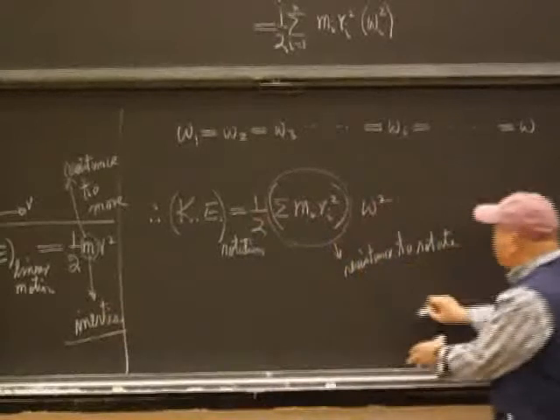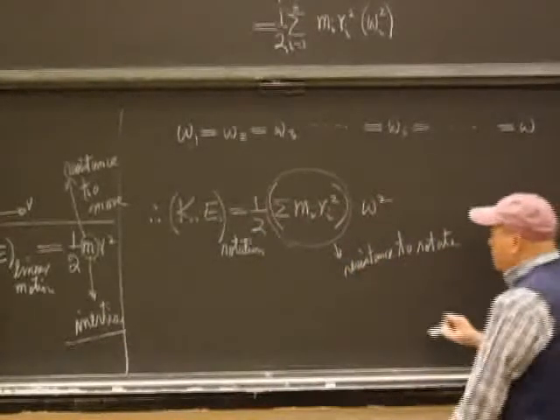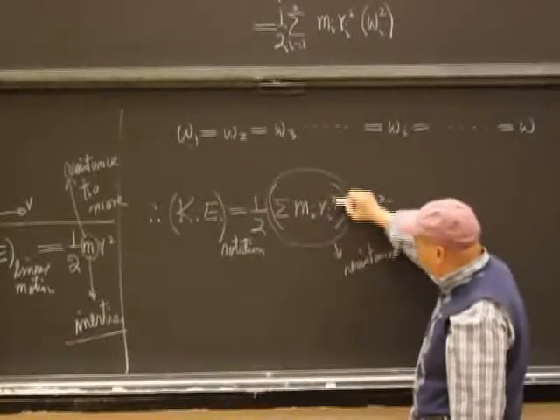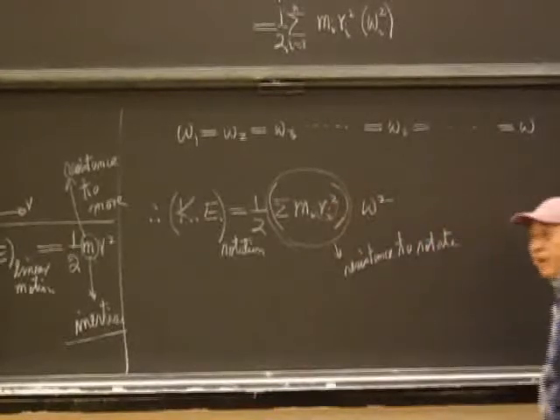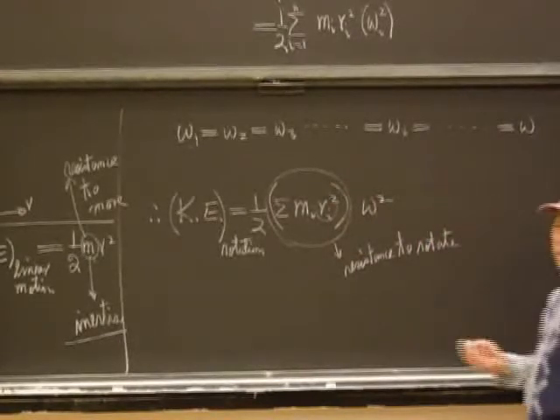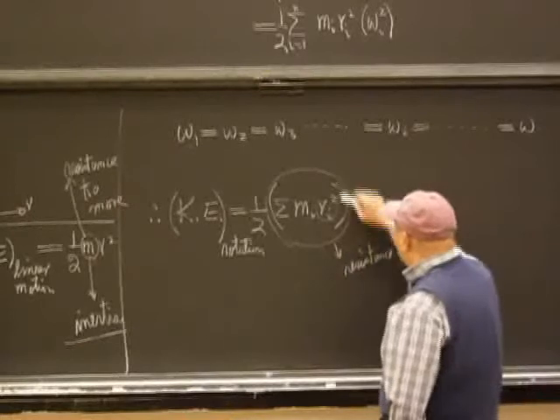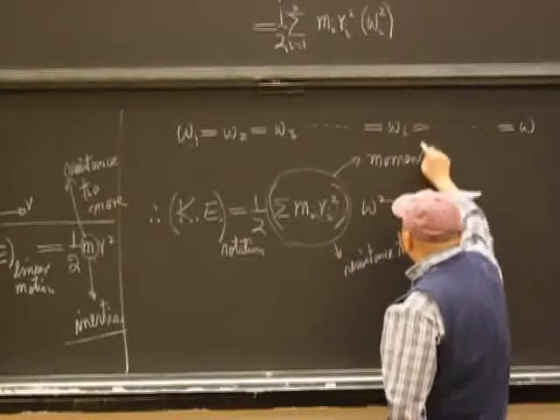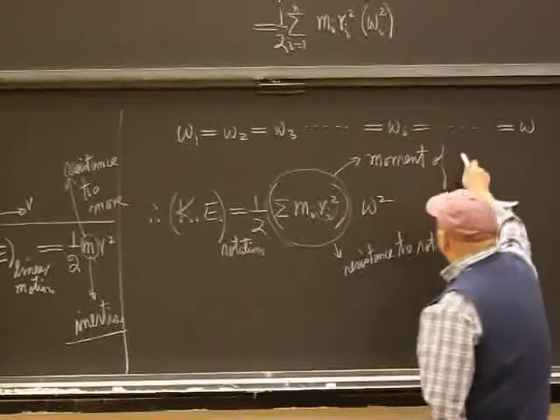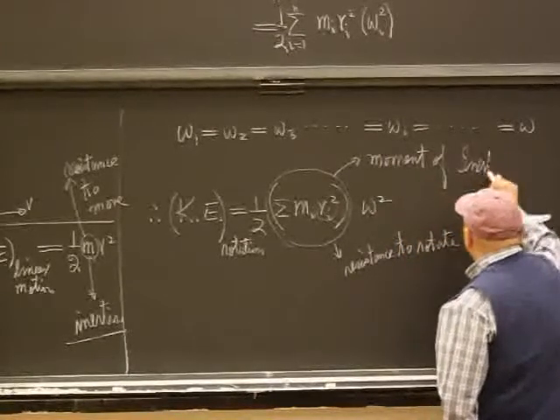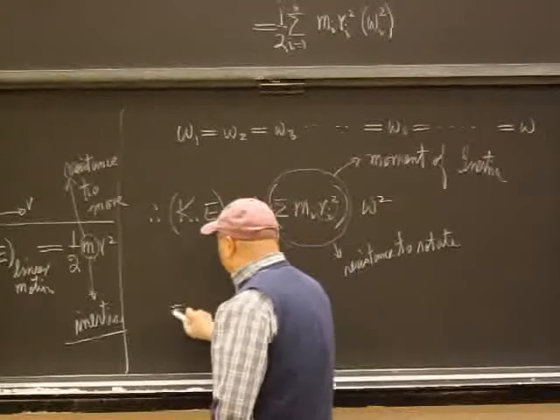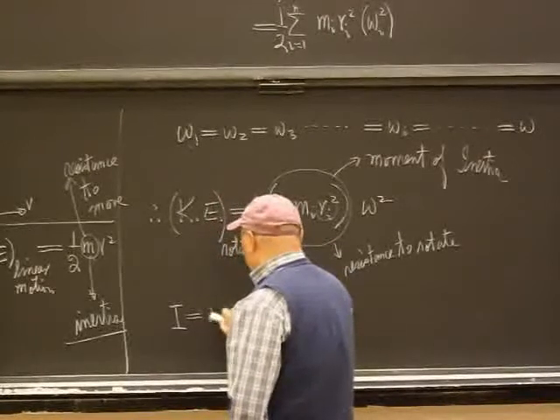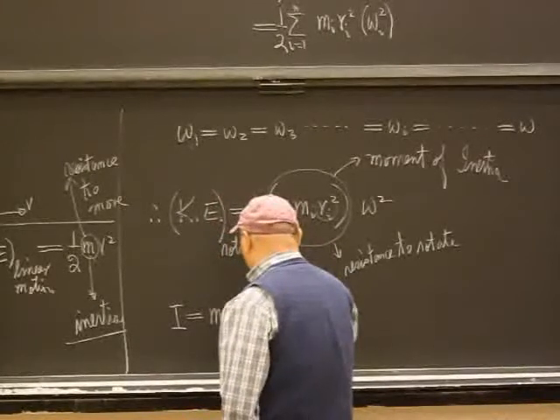The resistance to rotate, because it is related with a lever, with moment, we call moment of inertia. I is equal to moment of inertia.